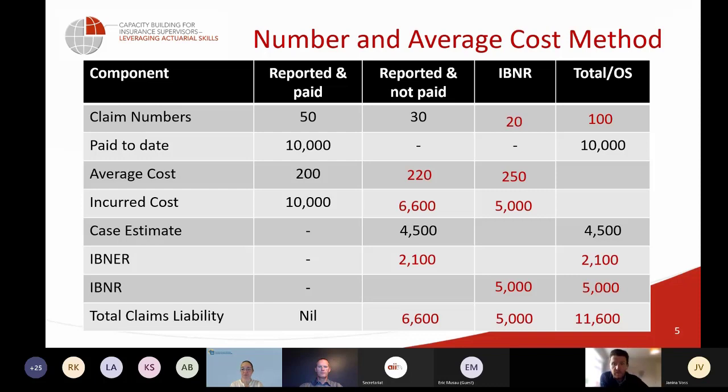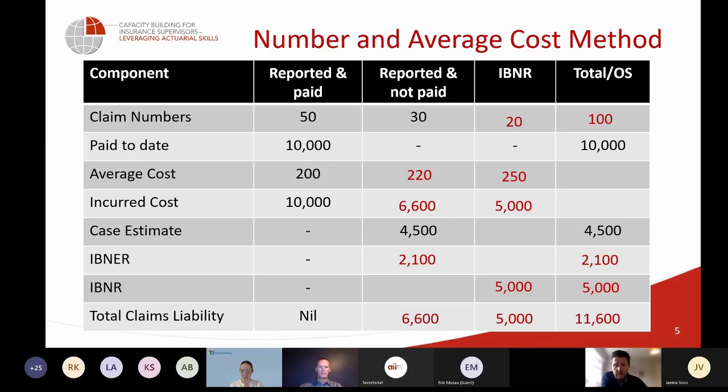And then the second one was about the average cost on the reported and not yet paid and on the IBNR. In this example, we give you a hint that there's significant inflation, which is quite material. If they settle, the average cost today is 200, and we think it's going to be 220 on these and maybe 250 on these ones. But that's an important assumption. How much will the cost be? What will be the average cost in those claims?